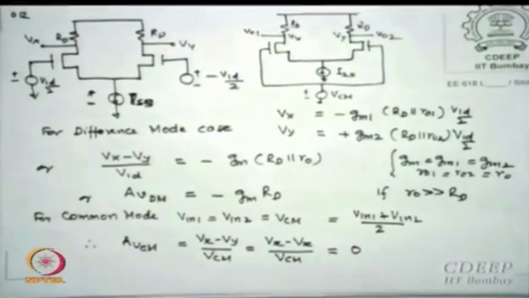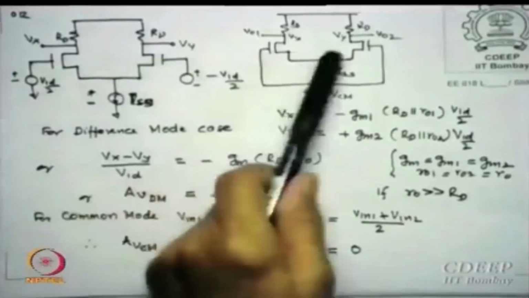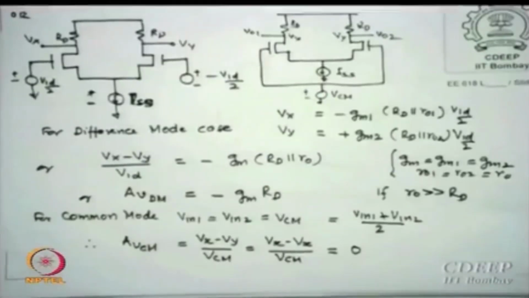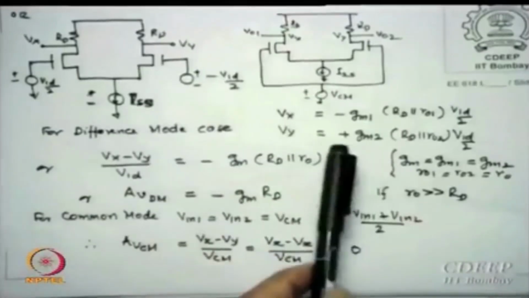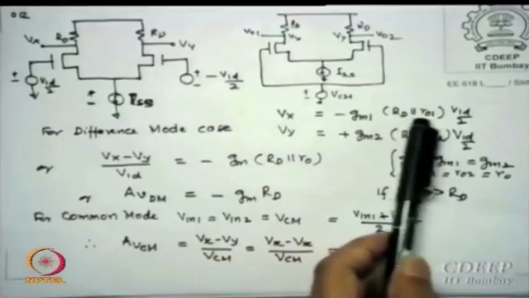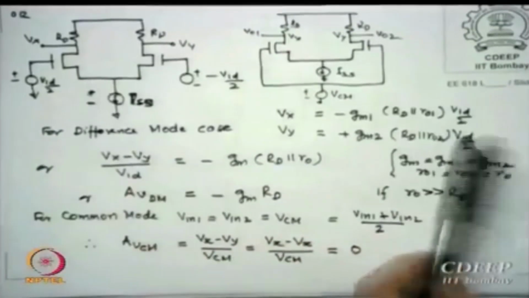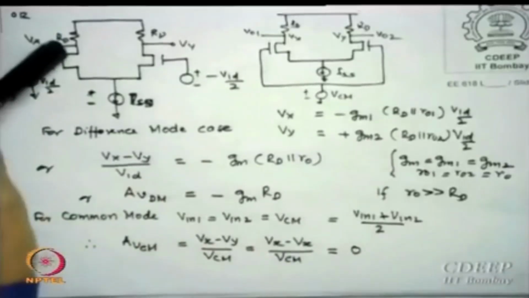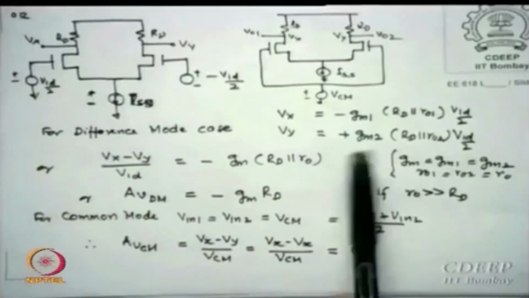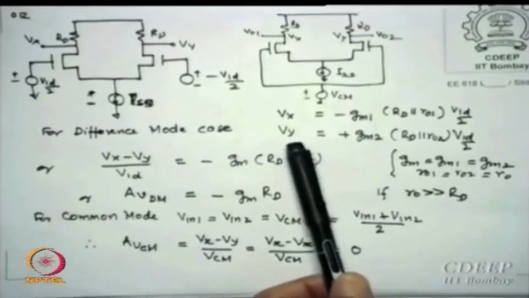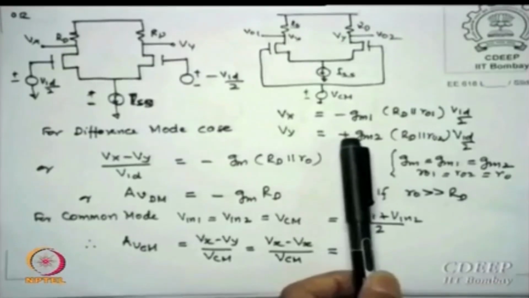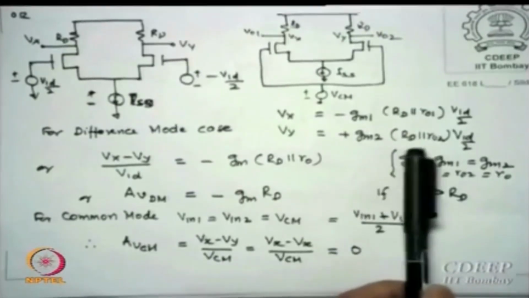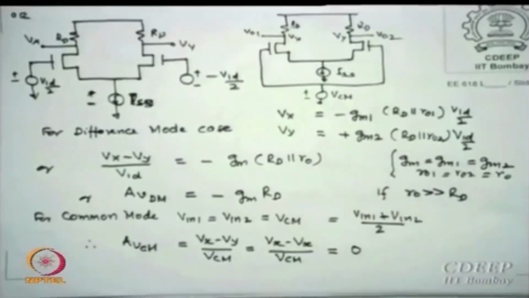If I can solve these 2 circuits, then as we just calculated, Vx is minus Gm1 times Rd parallel Ro1 into Vid by 2. The other side is Vy; since it is minus Vid by 2, I put a plus, so it becomes Gm2 times Rd parallel Ro2 times Vid by 2.